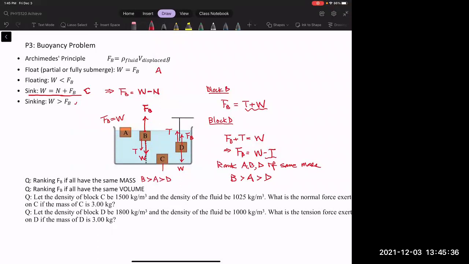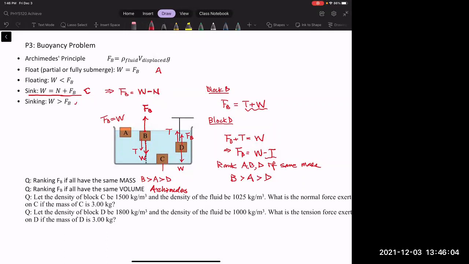What happens if they have the same volume? Well, if they have the same volume, you use Archimedes. Archimedes will look at how much of the volume is actually submerged in the liquid.